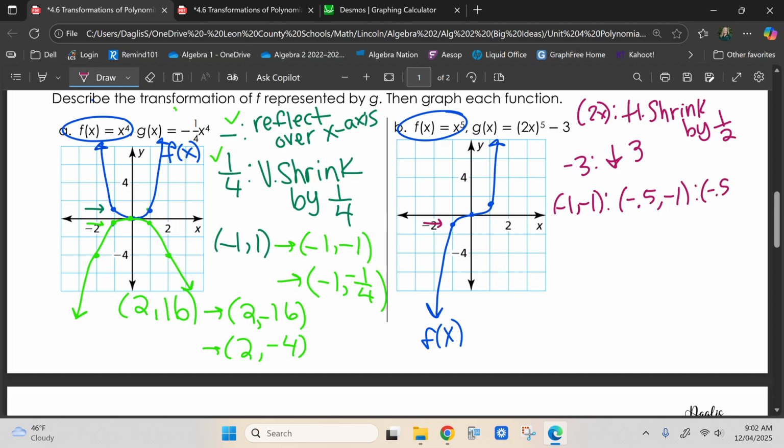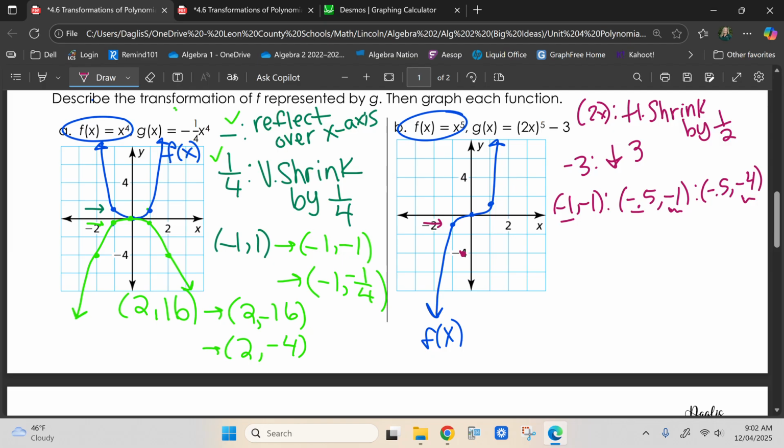Now it's negative 0.5, -4. My x cut in half, and then my y went down 3. So I have 0.5 and then -4. It got halfway closer to the axis and then dropped down 3 units.